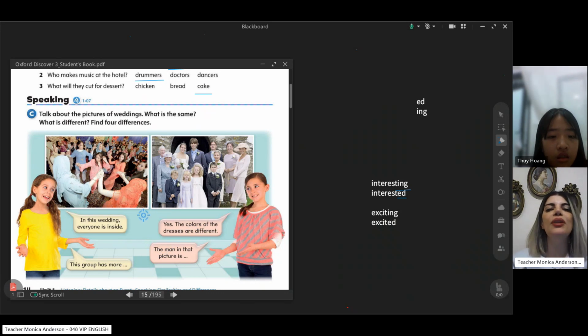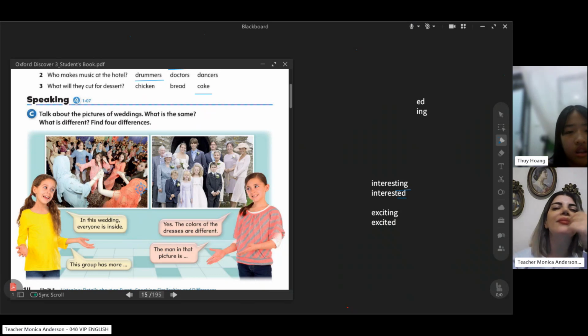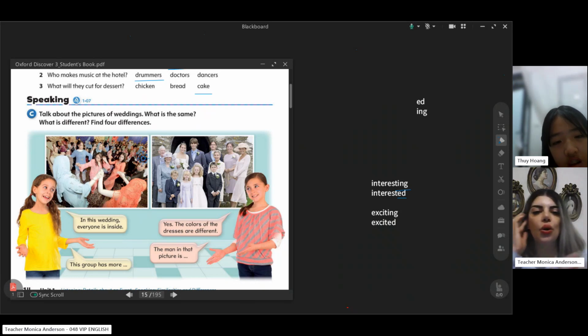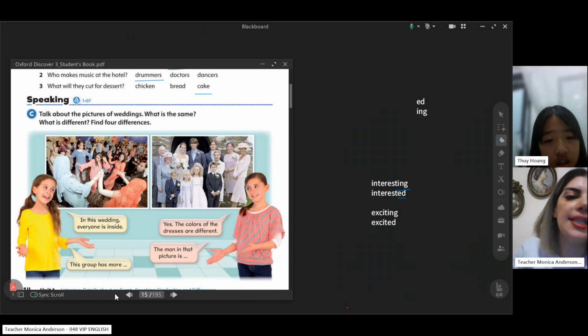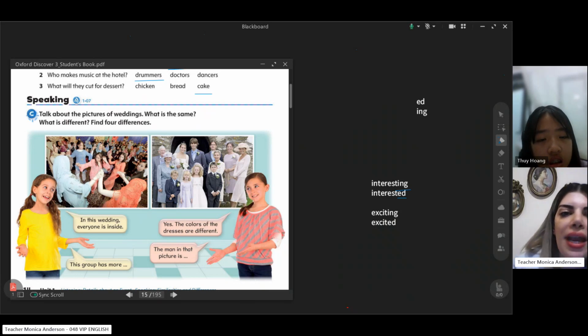For example, how are they the same? So, for example, there are many people. So, of course, there are people in both pictures.